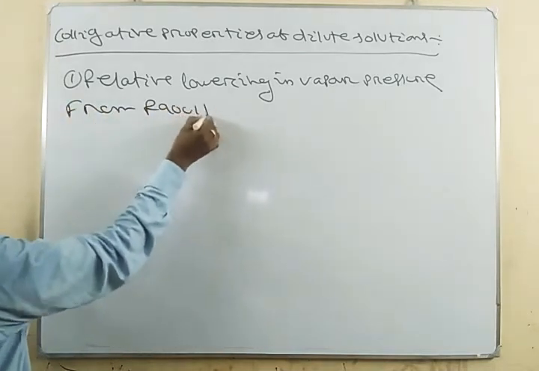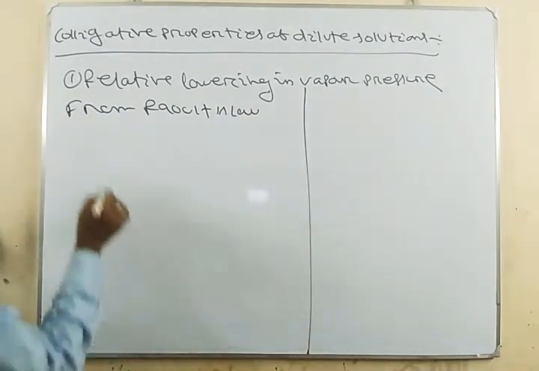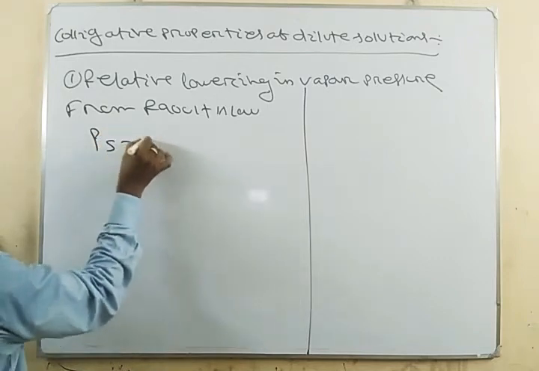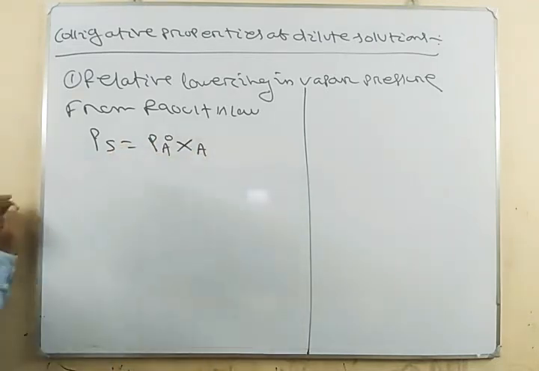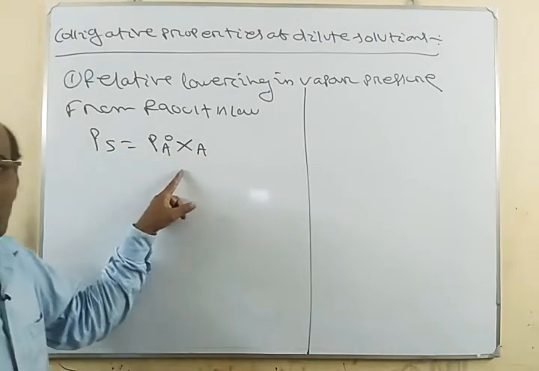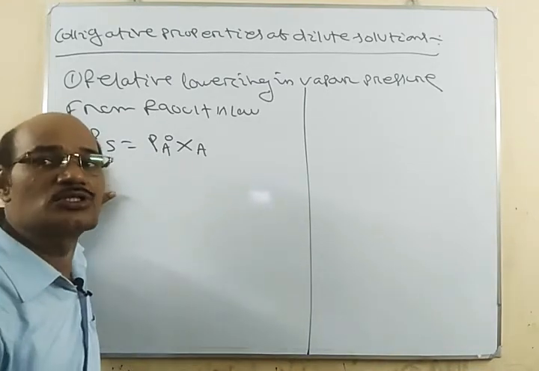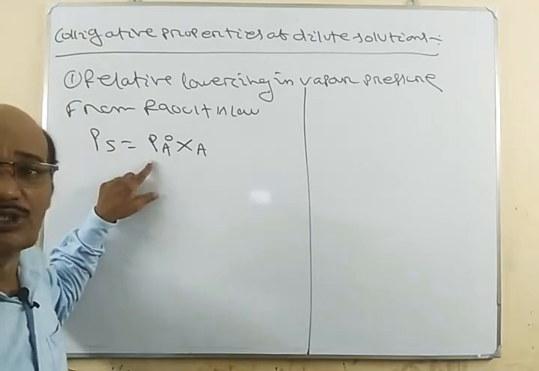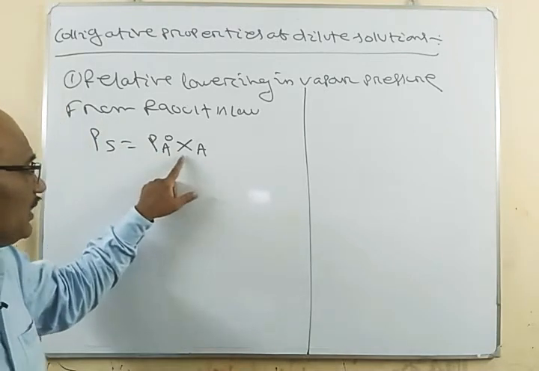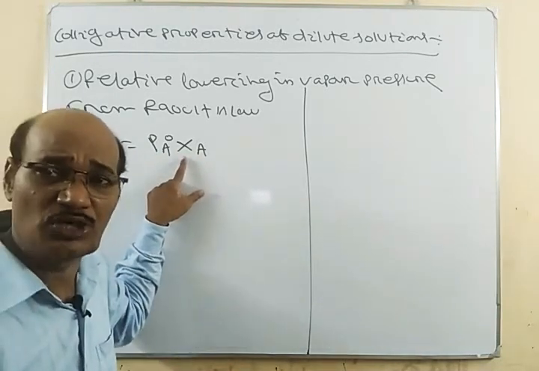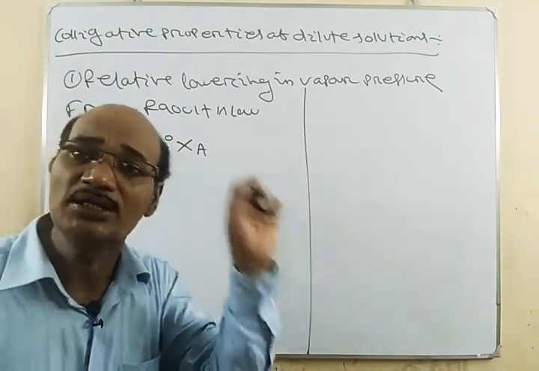From Raoult's law we have PS is equal to PA0 XA, and we know PS is the vapor pressure of the solution, PA0 is the vapor pressure of the pure solvent, and XA is the mole fraction of the solvent. Here one thing you remember, the solution is containing a non-volatile solute.